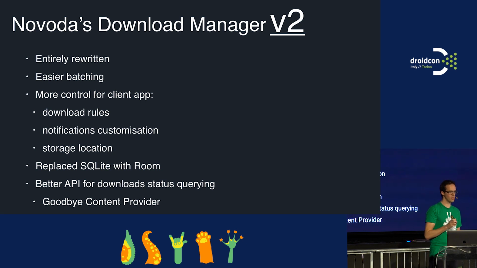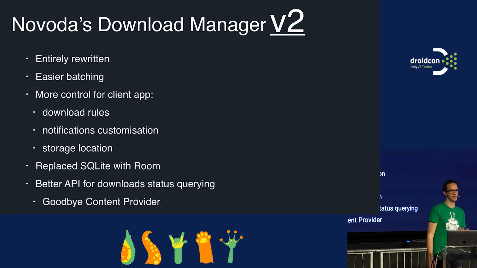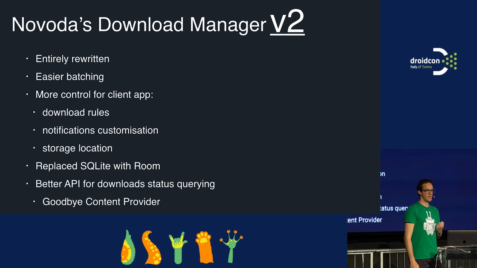We allowed more control to the client app. So, for example, it's very easy to specify some rules on where to allow or deny downloads, depending on the connection, storage availability, or other conditions. It's also easy to customize notifications.